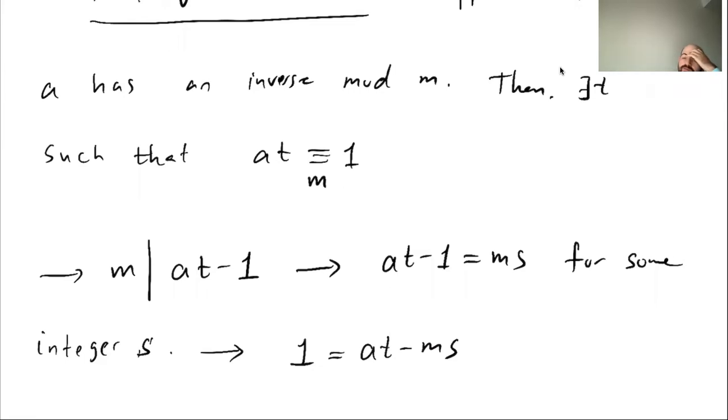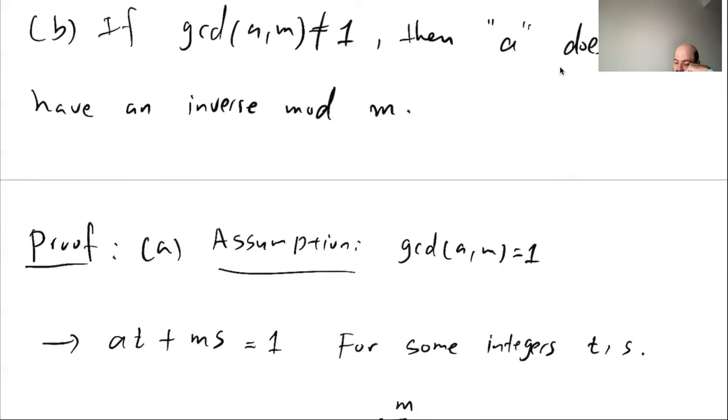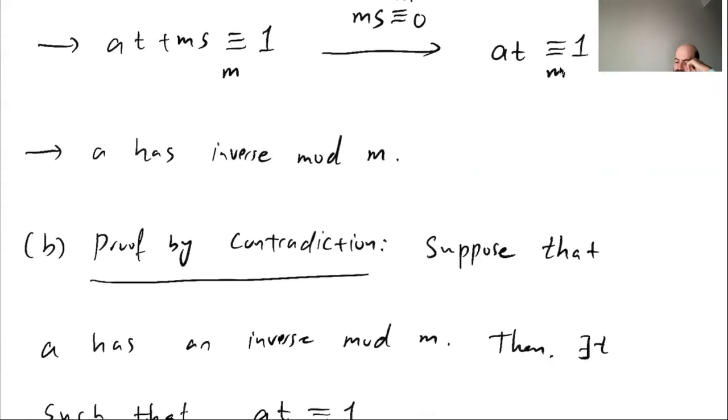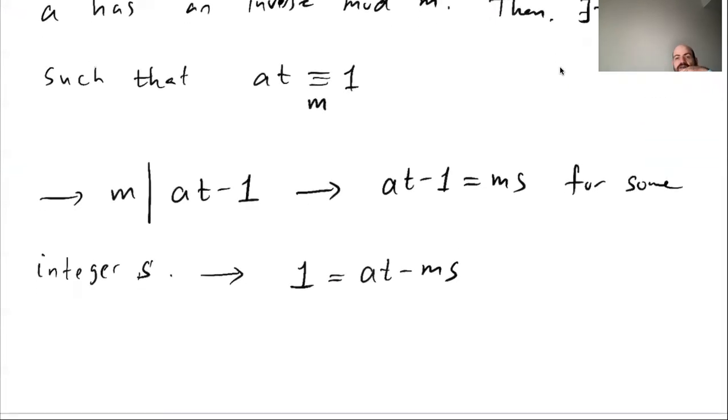Okay, now remember, I want to reach a contradiction. How can I reach a contradiction? 1 is equal to AT minus MS. Of course, I have to use my assumption somehow, right? What was the assumption? The assumption in this case was GCD not equal to 1. How can I use this assumption? GCD not equal to 1 means GCD is bigger than 1, right?